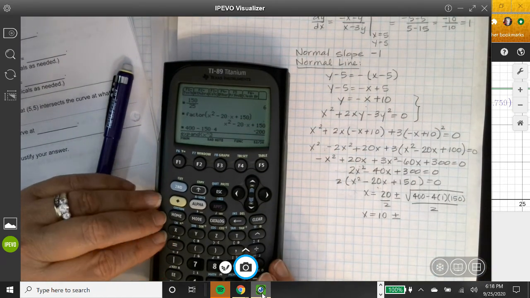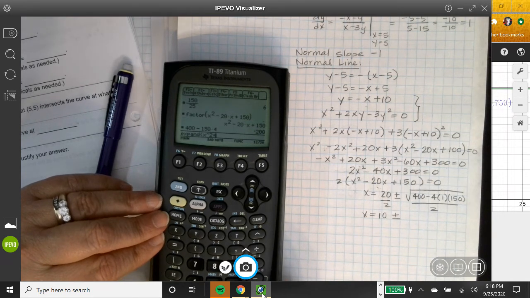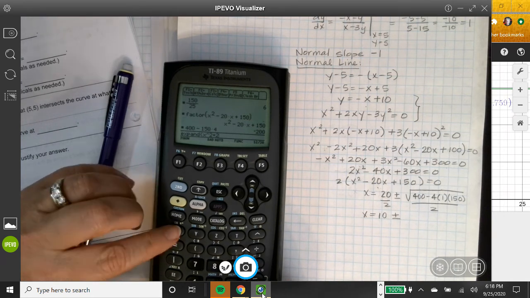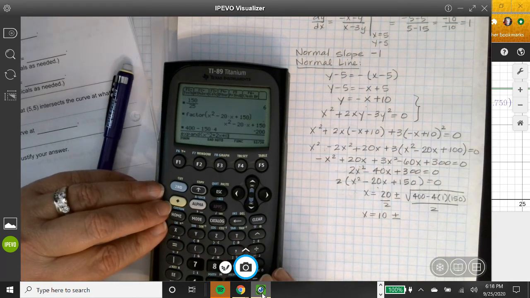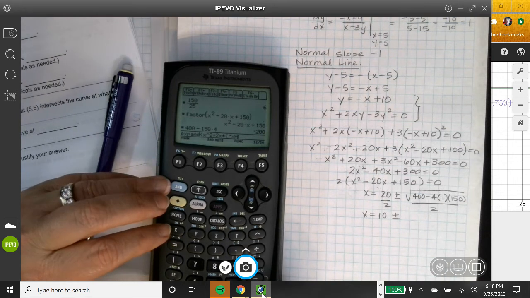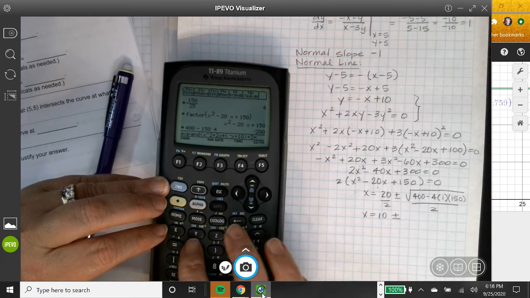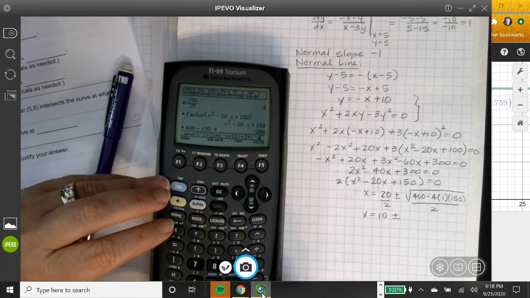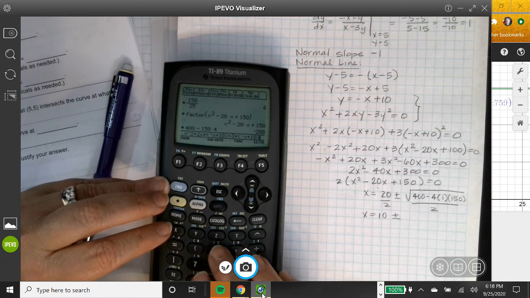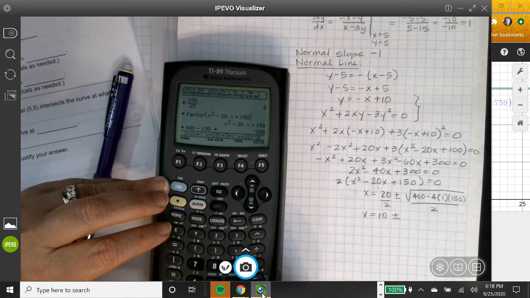X squared plus 2x times parentheses negative x plus 10 plus 3 times parentheses negative x plus 10 raised to the second.